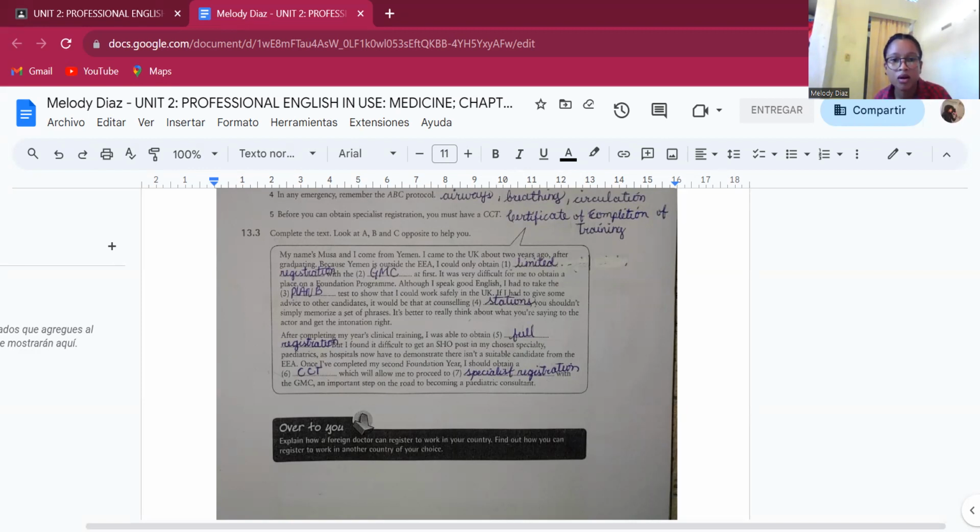Because Yemen is outside the EEA, I could only obtain limited registration with the GMC at first. It was very difficult for me to obtain a place on a foundation program.